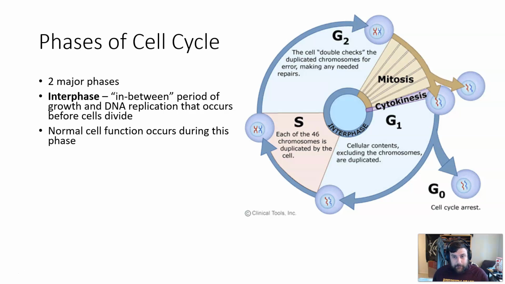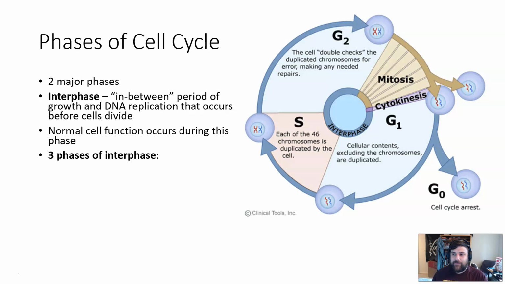During this time, normal cell functions occur. So the things that we think about cells doing, stuff like producing energy from the mitochondria, producing proteins using the DNA and some of the other organelles, or in terms of plants, producing sugar from its chloroplasts, all of these normal cell functions occur during interphase.